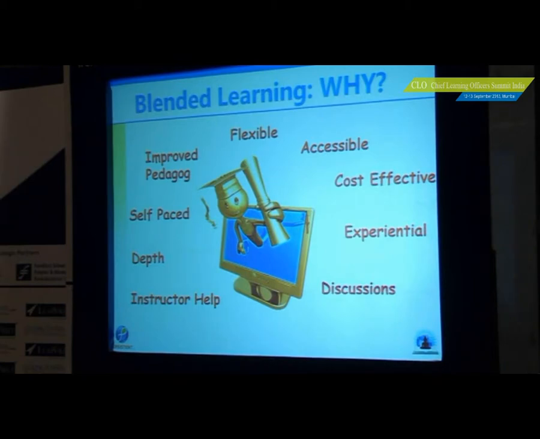Now more and more people think, I want to learn at my own pace. Why do I have to synchronize with 50 other people to come to the class at the same time and learn? I need to get perspectives from different instructors, different people, different experiences, rather than just a monologue between one teacher and the students. So it has to be flexible, the content should be available and accessible.